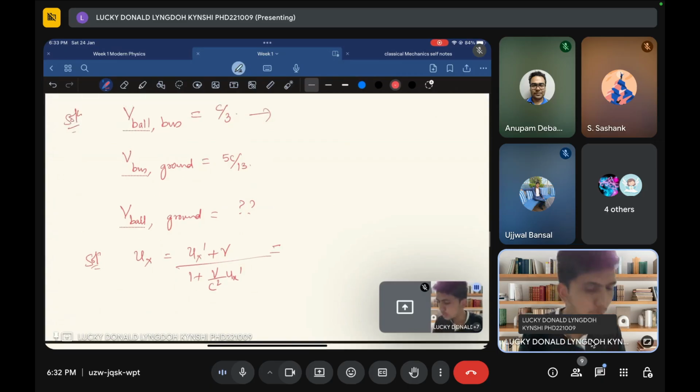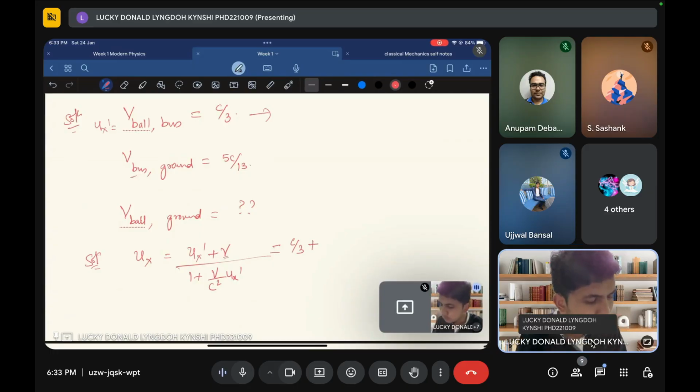So what is u of x prime? It is what is measured from the S prime frame, that is, measured from the bus. So it will be c by 3, plus the velocity v.